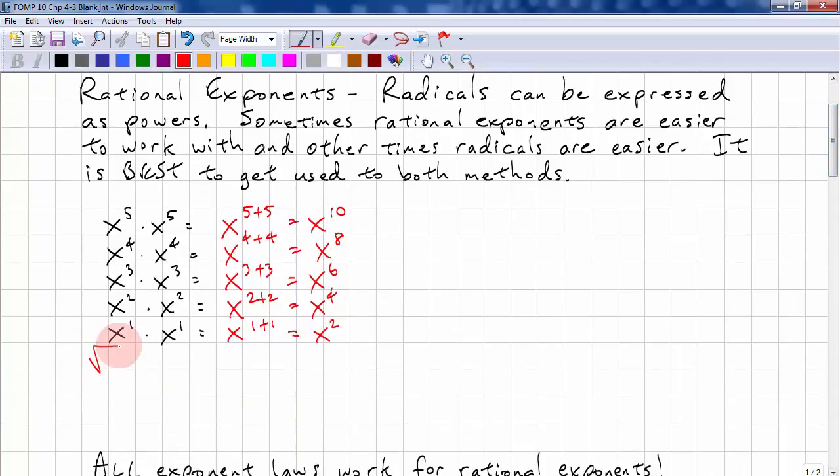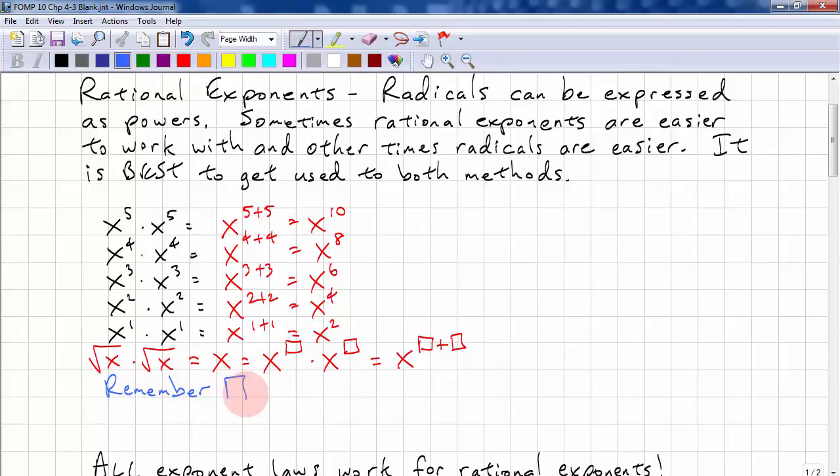So if we have the square root of x times the square root of x, this is x. And this means we have x to the power of something times x to the power of something equals x to the power of something plus something. And remember, this box must be equal.